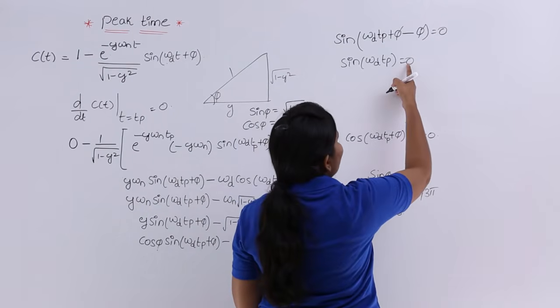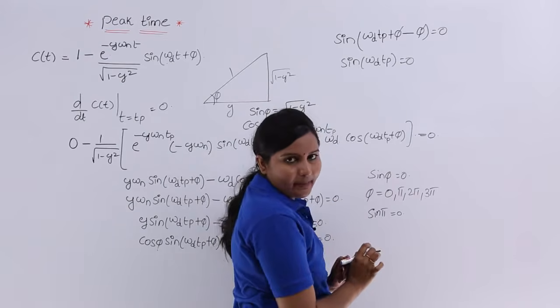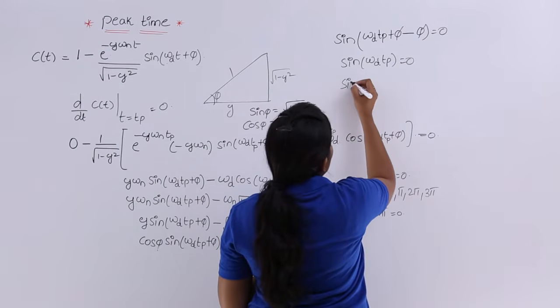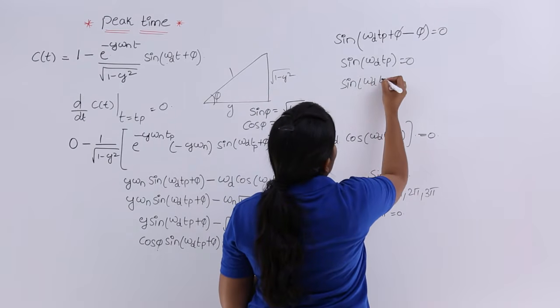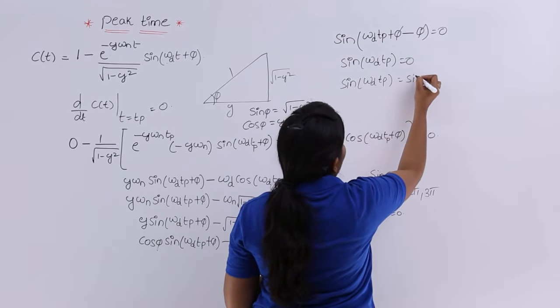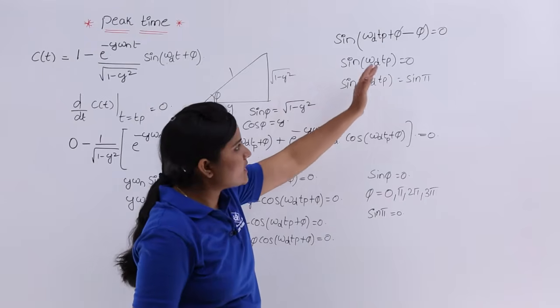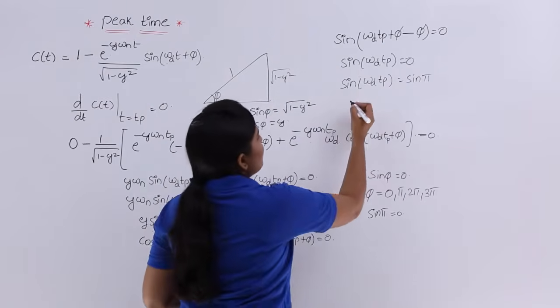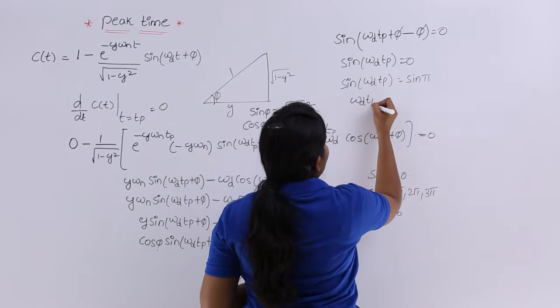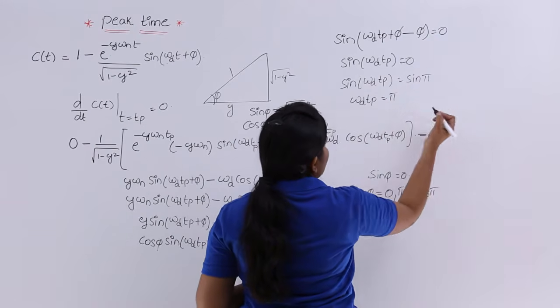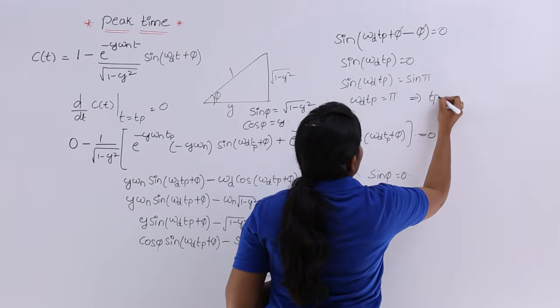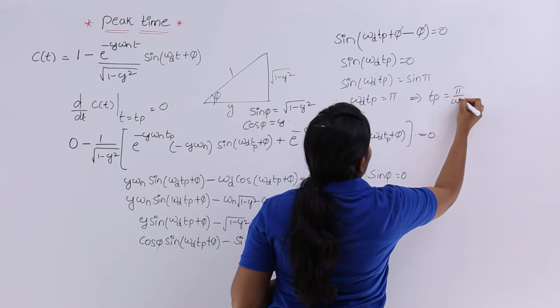That means in place of 0 we can substitute sin pi. So I am substituting like that, sin omega d Tp is equivalent to sin pi. If you compare two sides, this side is also sine, this side is also sine, then omega d Tp is equivalent to pi. By this, the peak time is equivalent to pi by omega d.